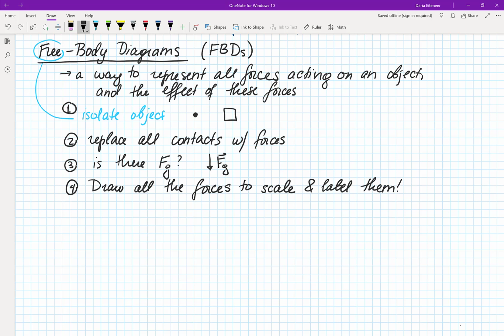Remember, the length of a vector represents its magnitude, so make sure you account for that. In a lot of cases, you don't know the exact magnitude of all the forces. But that's okay. Just do your best and make an educated guess as to which force is bigger. Again, we'll see a few examples in a minute.